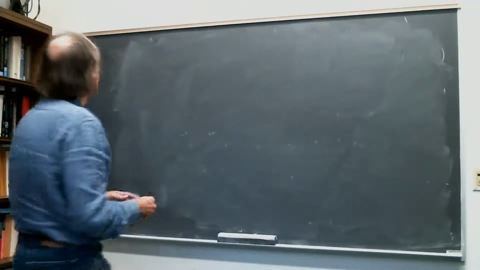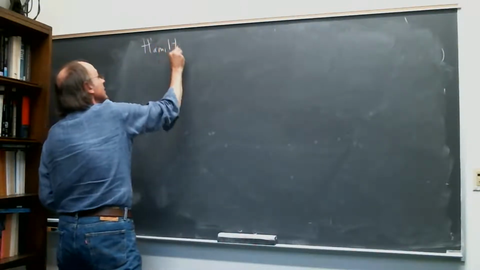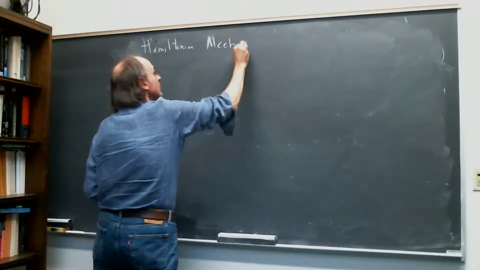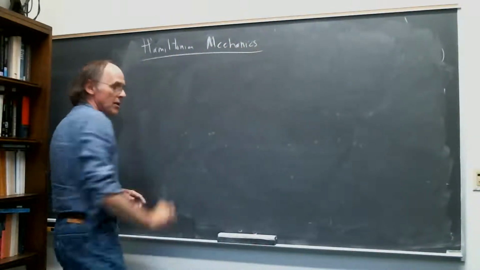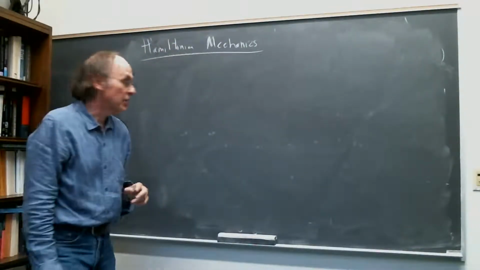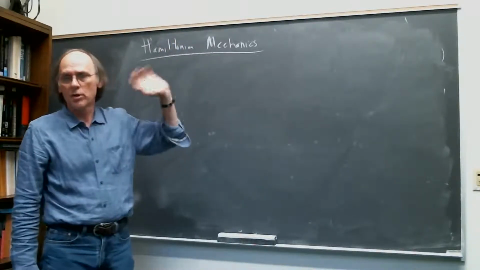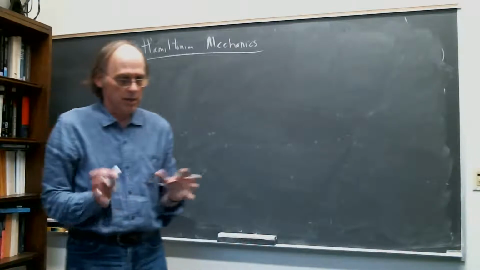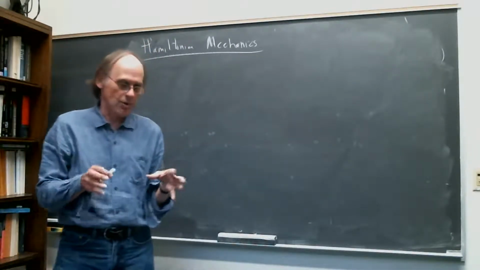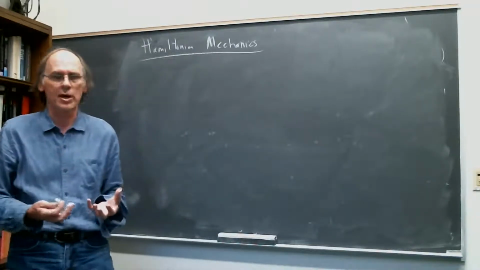Okay, so let me first say something about Hamiltonian mechanics. If you take a class in the physics department on classical mechanics, they'll tell you that there are various different formalisms. At the end of the day, the way you describe a classical mechanical system is typically with some set of differential equations.